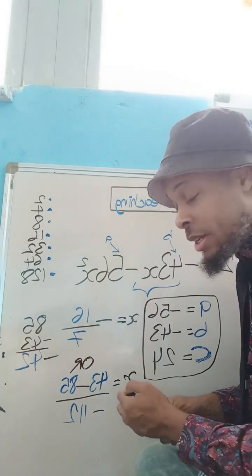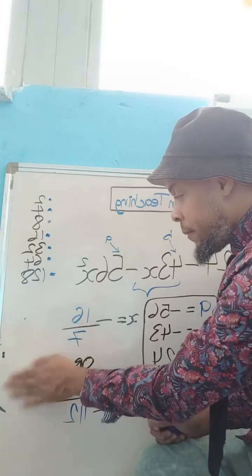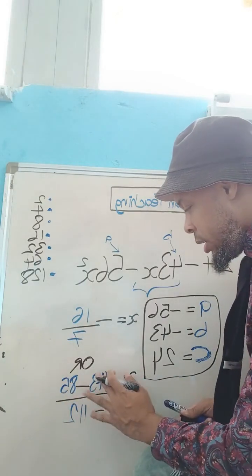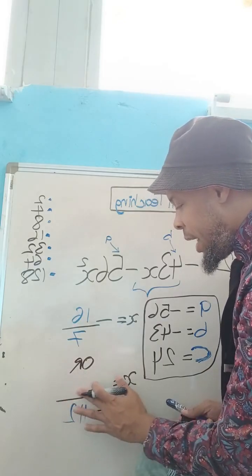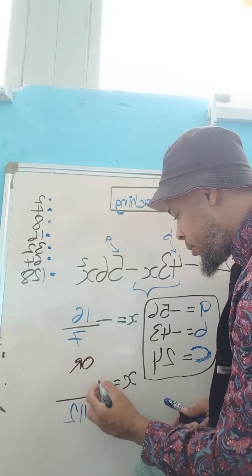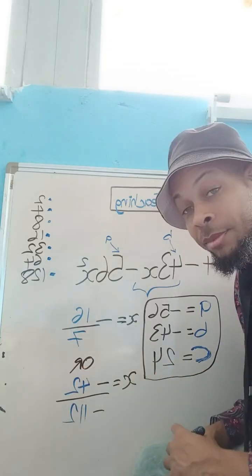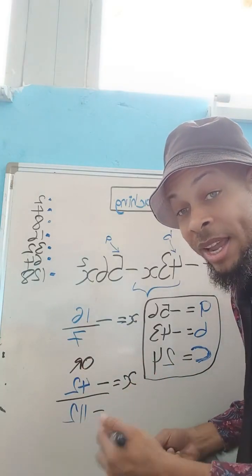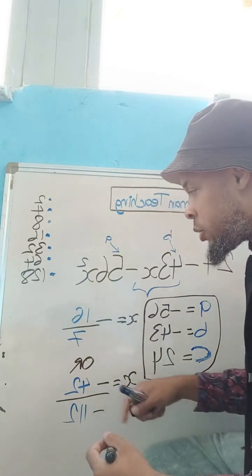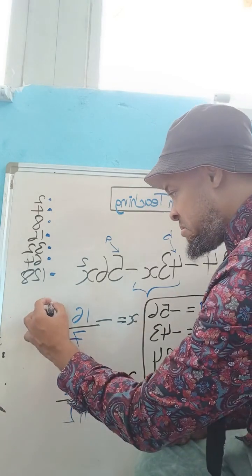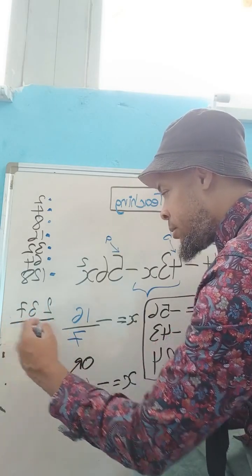So this is going to be minus 42 over minus 112. And now again, the prime numbers come back, right? What is 42? 6 times 7. How about 2 times 3 times 7?